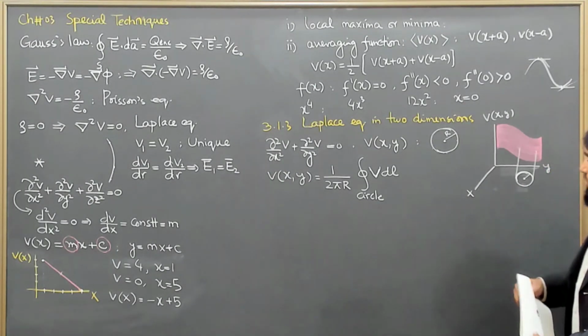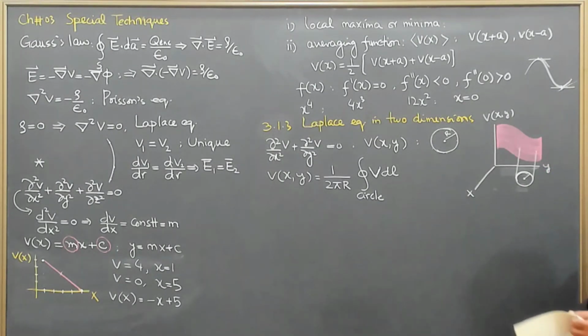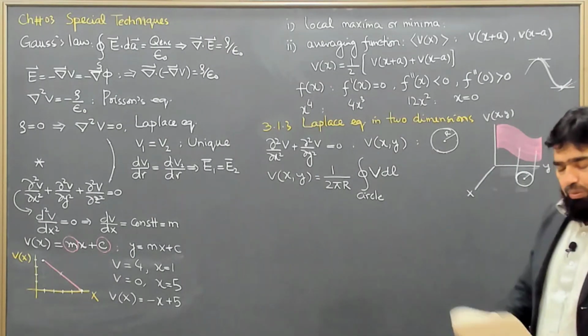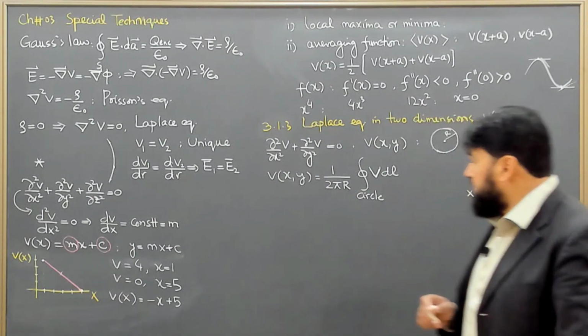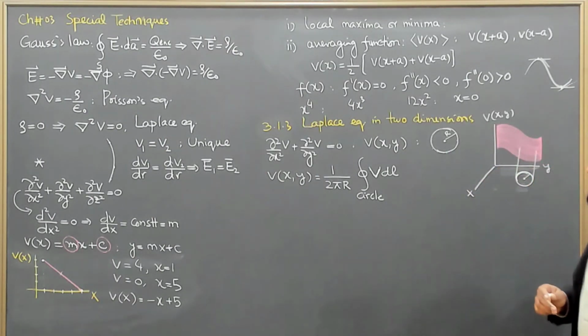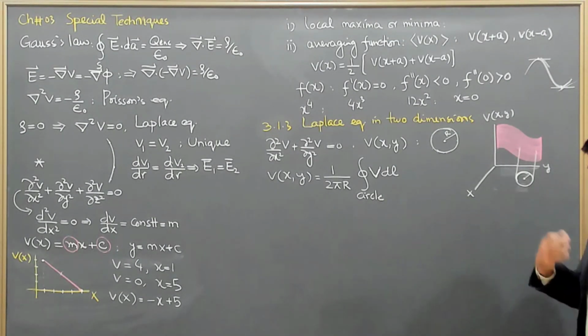So this is the Laplace equation in 2 dimensions, and after this we will discuss the Laplace equation in 3 dimensions. Now, it is very hard to interpret the Laplace equation in 3 dimensions because it is very hard to visualize.